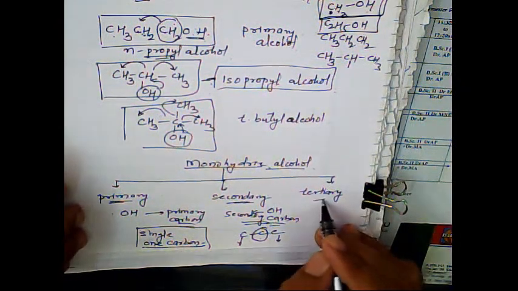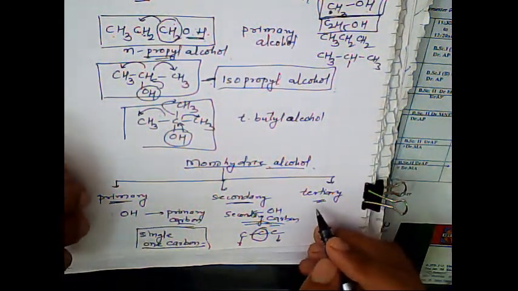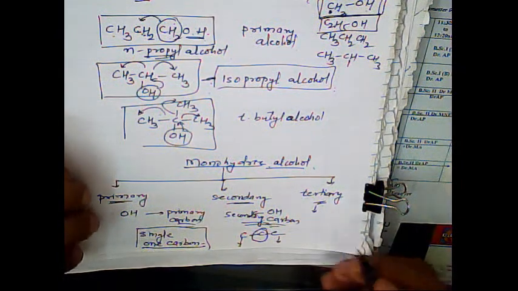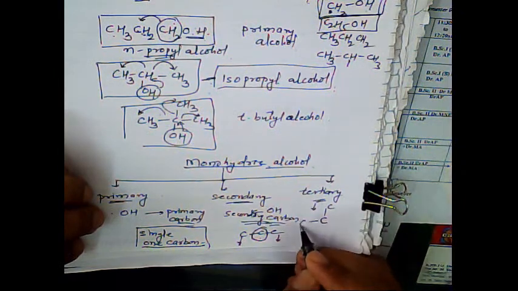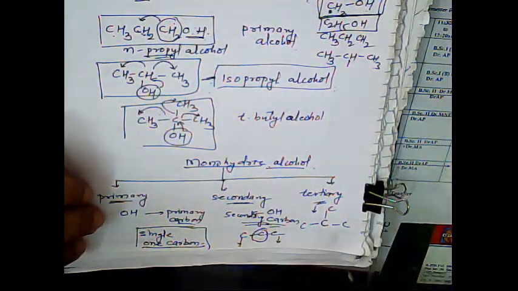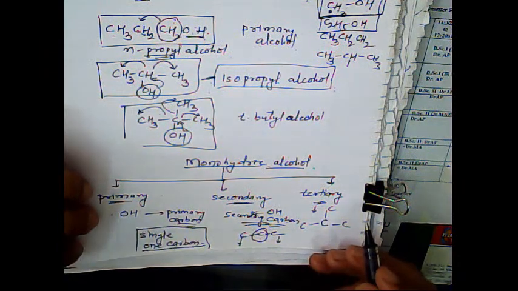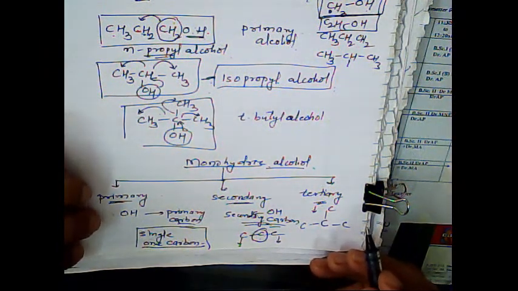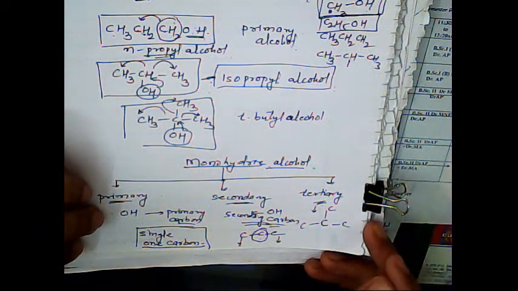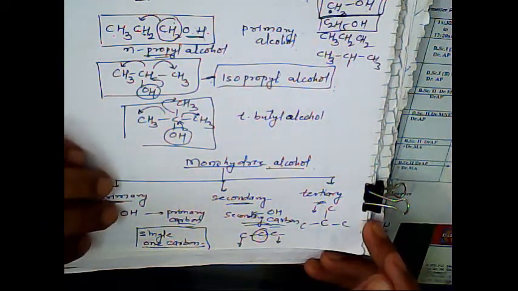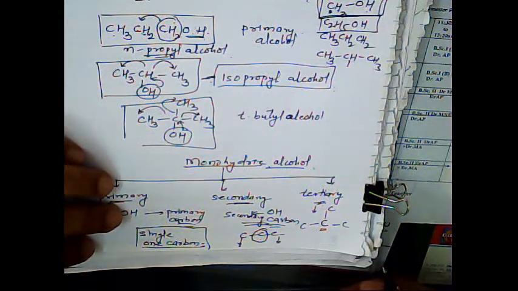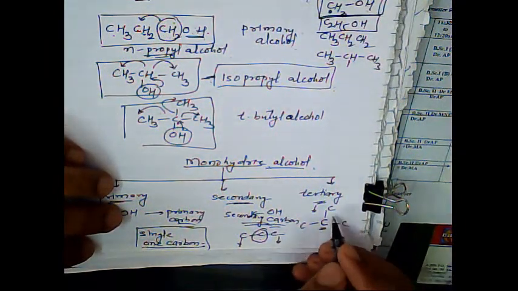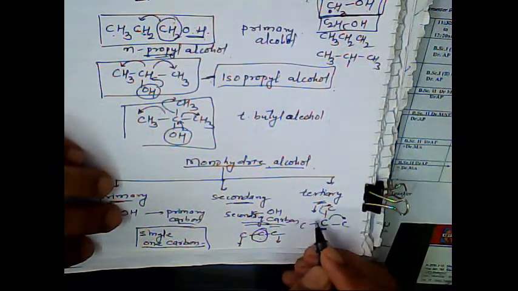Now the third one, tertiary alcohol. Tertiary alcohol is the class of compounds where OH is attached to a tertiary carbon. Now the question arises again, what is a tertiary carbon? A tertiary carbon is the carbon to which three carbons are directly attached, and that carbon does not have any hydrogen. So here it is the first carbon, second carbon, third carbon.